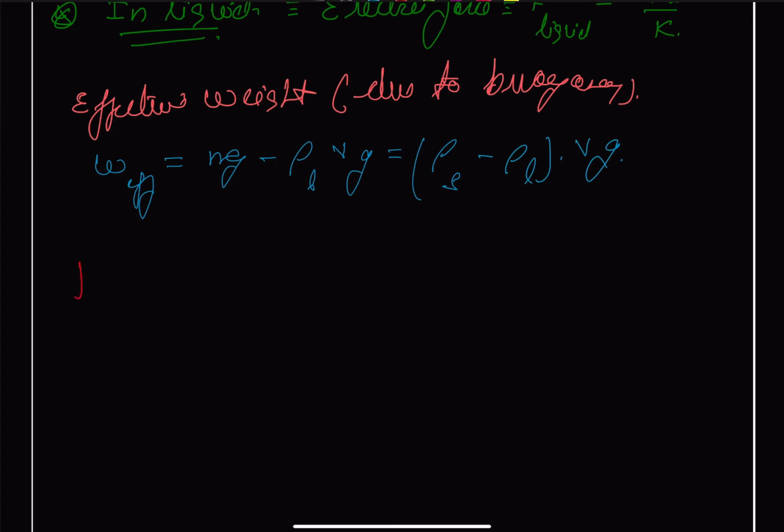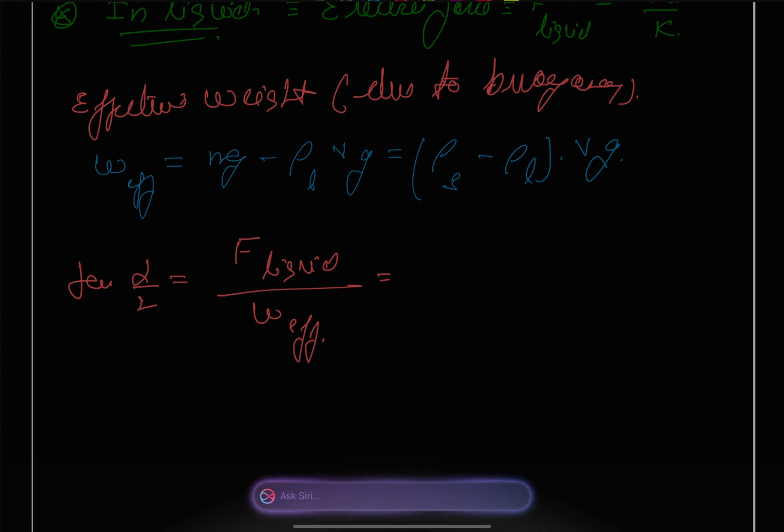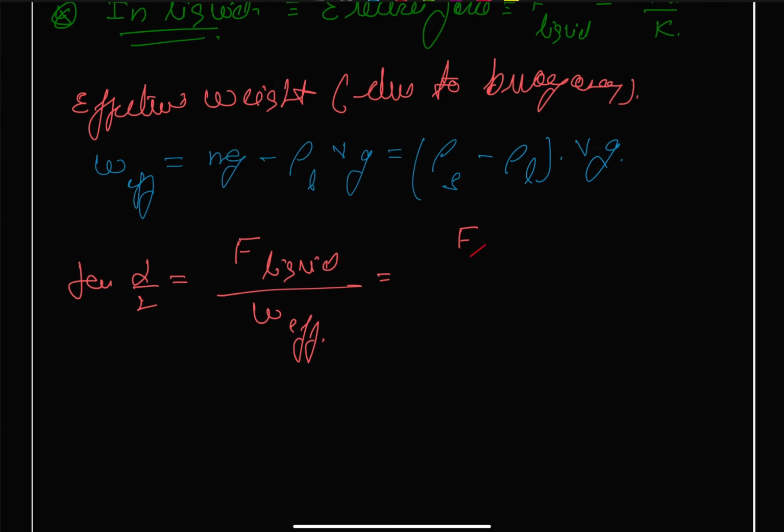So once again, similarly, we can write that our tangent of alpha by 2 will be equal to our force of the liquid divided by effective weight W effective. We substitute it, we get this as F air by K divided by density of the sphere minus density of the liquid and volume multiplied by g. Now the angle has to be same.